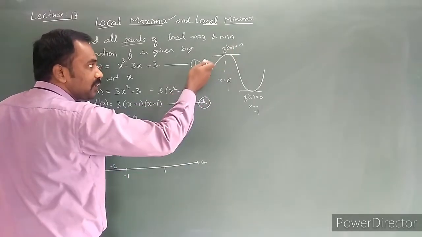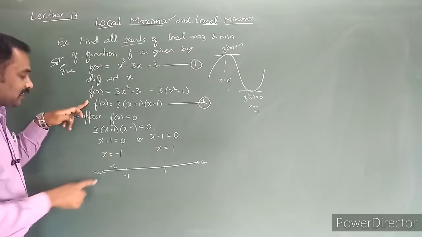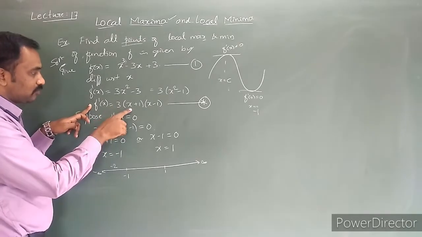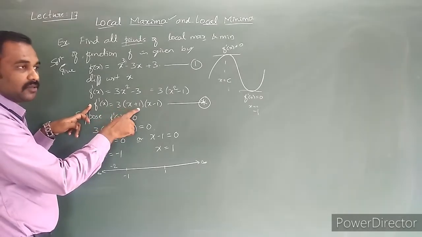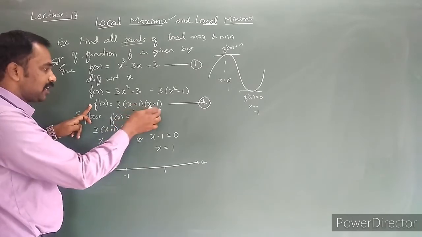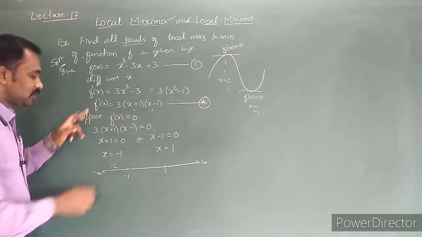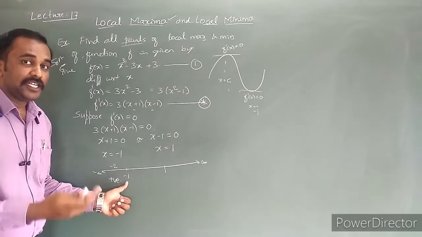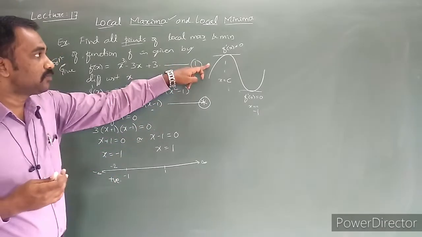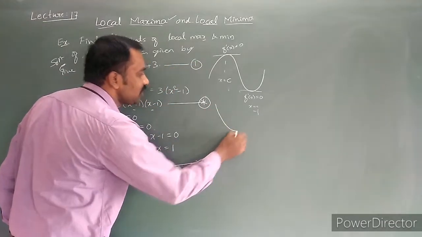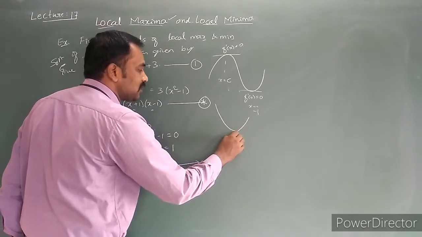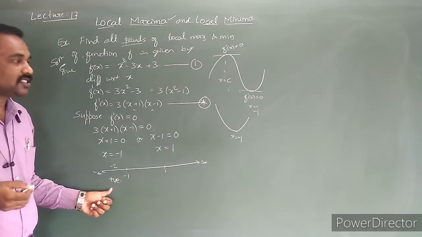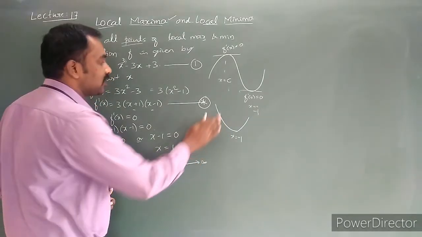At x equal to minus 2, minus 2 plus 1 is negative, and minus 2 minus 1 is negative, so negative into negative is positive. So on the left side of minus 1, the slope of the tangent is positive.